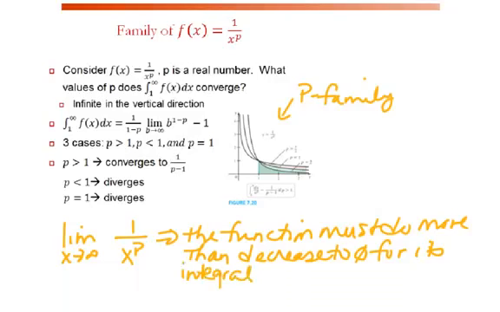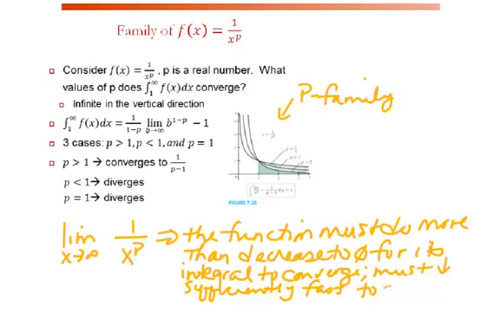Just want you to have this in your notes. The function must do more than decrease to 0 for its integral to converge. Okay? It must decrease sufficiently fast to 0. Okay, so let's take a look at the proof, which will help us in chapter 8. We're laying the groundwork here.